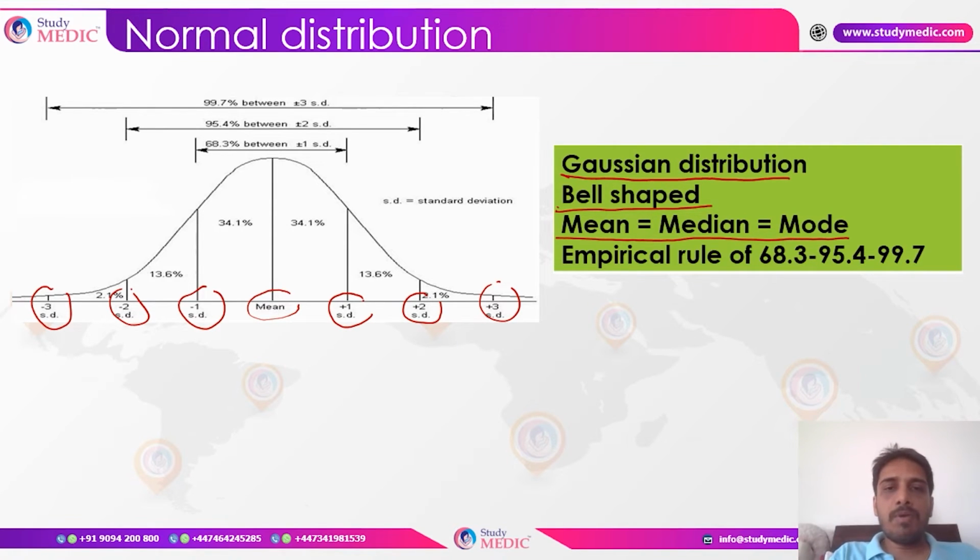Now, the most important thing about the normal distribution graph is that it always follows an empirical rule, the 68, 95, 99 rule. What is the meaning of this?